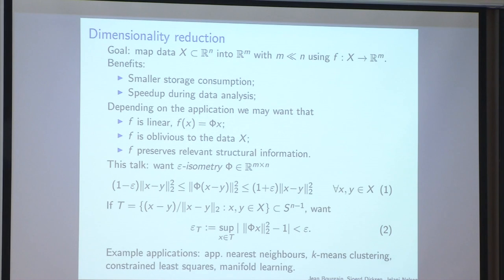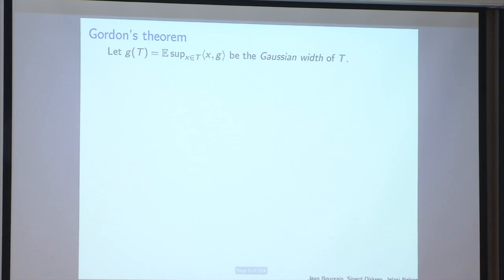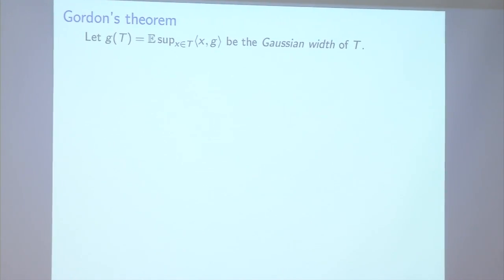All right, so let's first look at the scenario where I do my dimensionality reduction with this nice Gaussian matrix. And this is completely understood, and the central quantity that plays a role here is the first thing that appeared in Jelani's talk this morning, which is the Gaussian mean width of this given set T in R^n. Okay, so it's the expected sup of this inner product with a standard Gaussian vector.